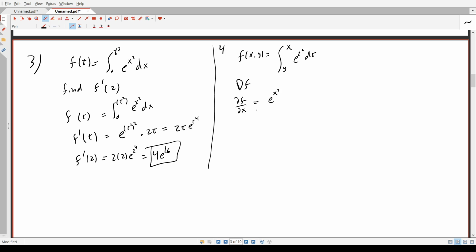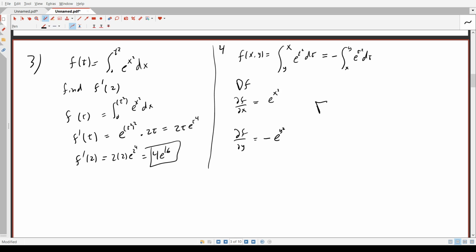So if I want to use the fundamental theorem of calculus for the y derivative, I need the y here to be up on top. So I can rewrite this as negative the integral from x to y of e to the t squared dt. So this becomes negative, and then the fundamental theorem of calculus tells me this is e to the y squared.